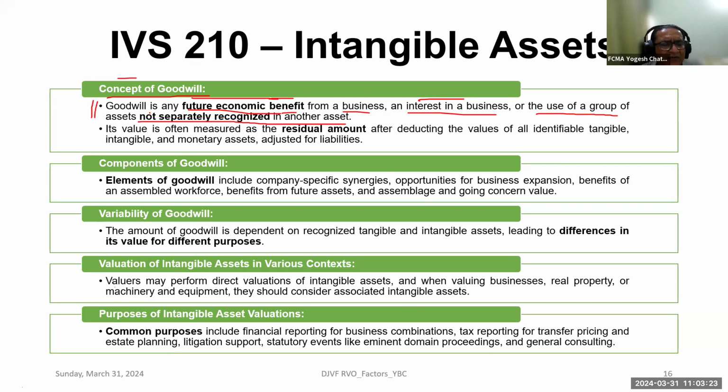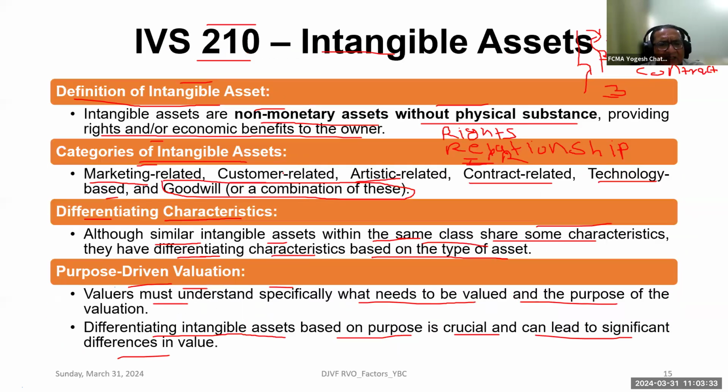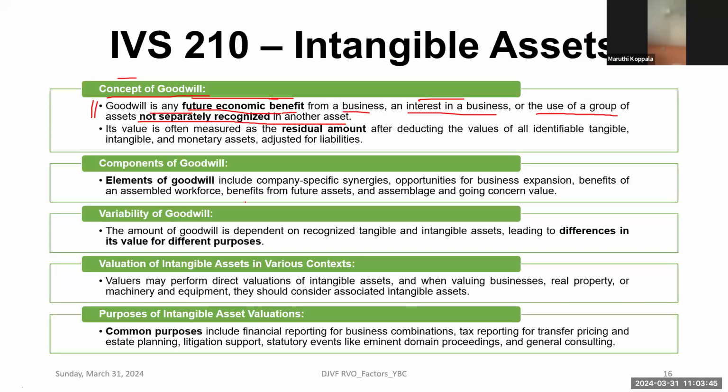So that is actually a combination of the intangible assets, which will include marketing related, customer related, artistic related, contract related, or technology based.